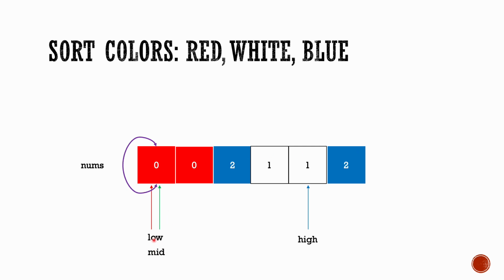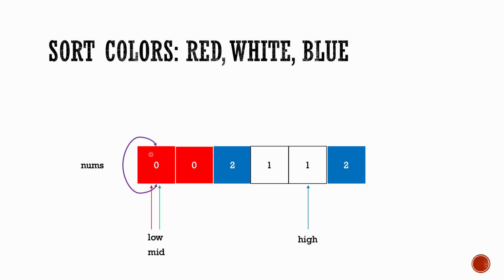Now our nums of mid is 0, and this 0 should ideally go to the low index, because low is the index where the next 0 should go. Since low and mid are pointing to the same index, we are going to swap nums of low and nums of mid, and then increment low, since low now has the correct element 0, and we also increment mid because we've processed that index.